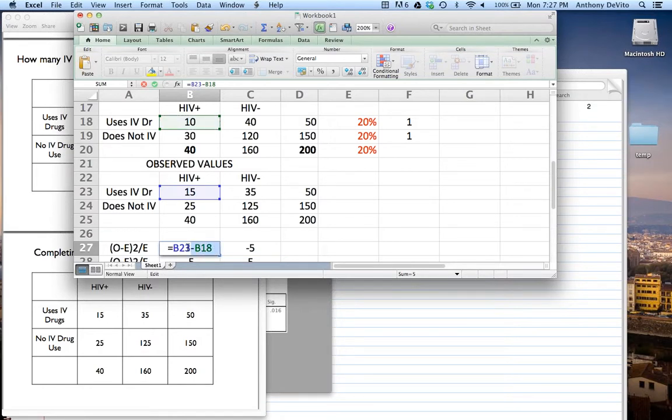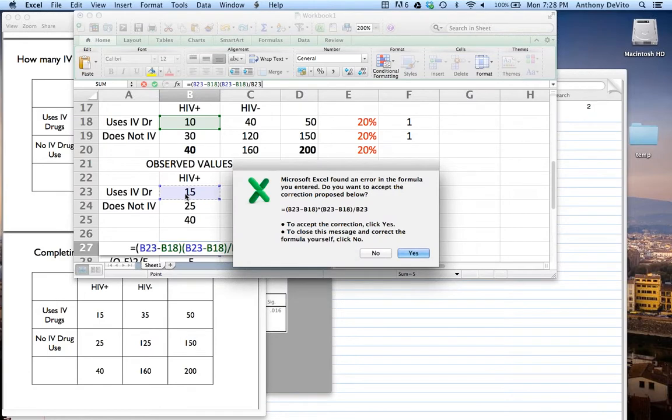Okay, that's equal to, let's see. Okay, and I'm going to multiply it by itself, divided by my expected value, which is that 15.